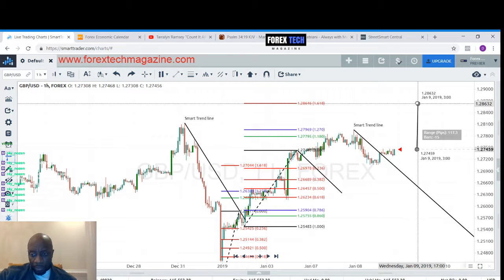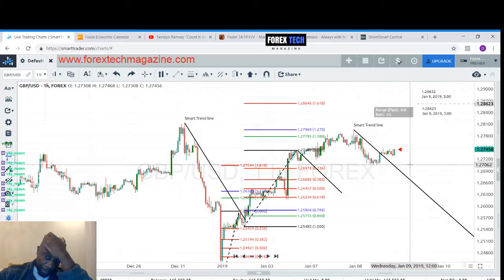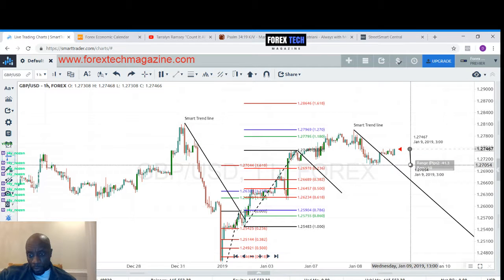So it's 117 pips potential profit. If you feel comfortable with this swing here, you can put this swing right here as your stop loss. Right, so you're risking about 40 pips to get 117 pips. It's definitely a good risk to reward ratio.